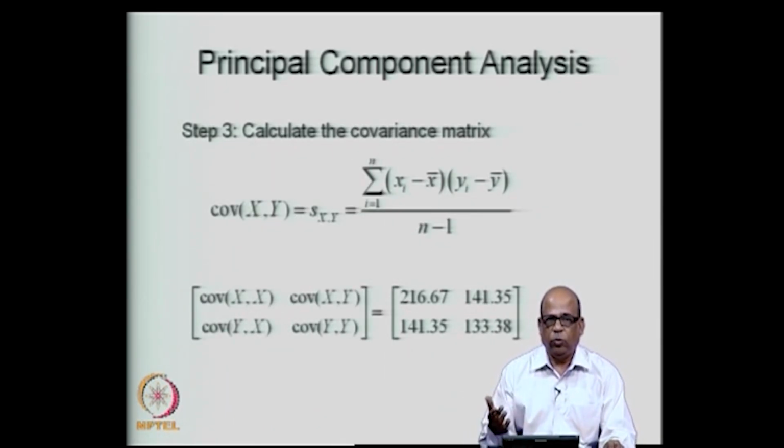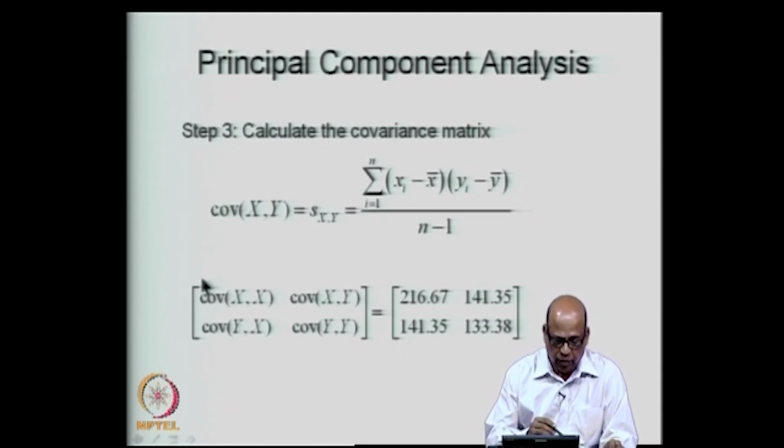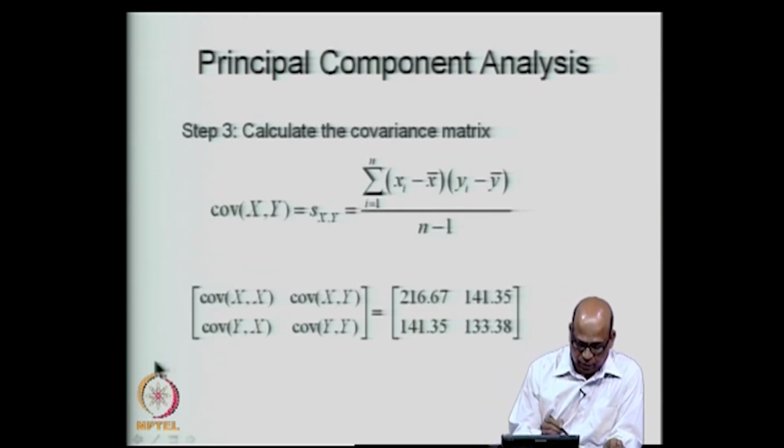Once you formulate the matrix X, we will also calculate the covariance matrix. There are two variables, x and y.